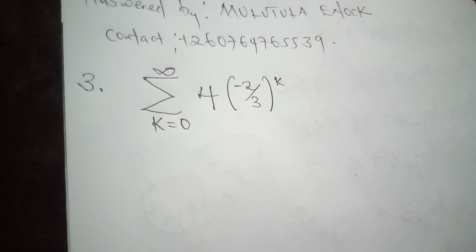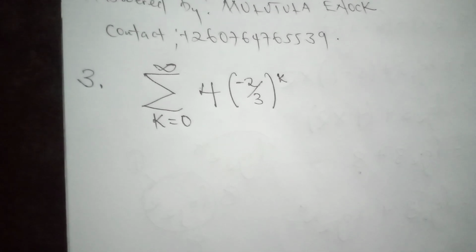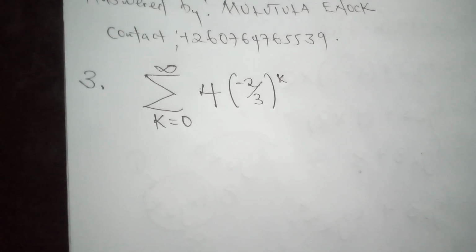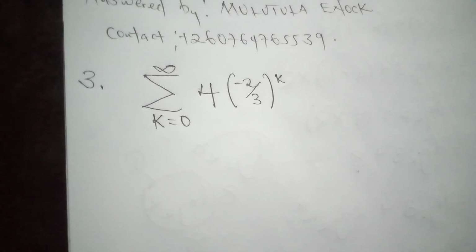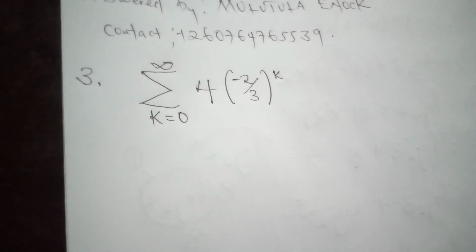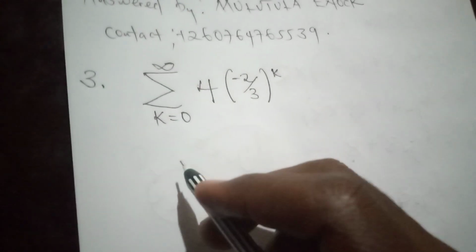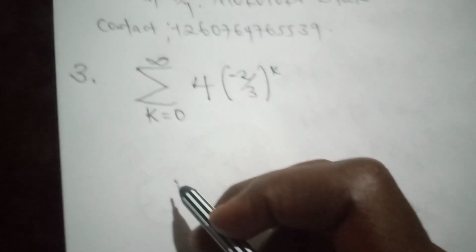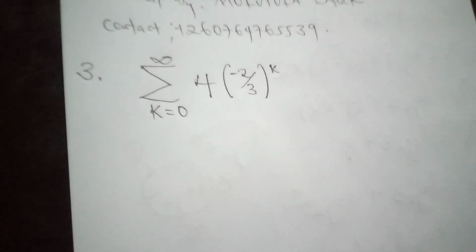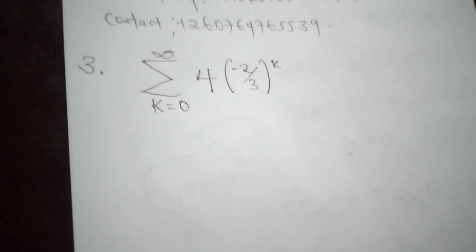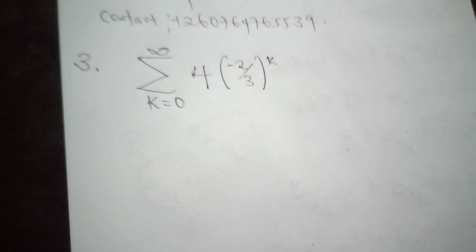So under sigma notation, what you should understand is that there is finite and infinite. Finite means that it has an end. Where it is infinite, the number will keep on continuing up to infinity.